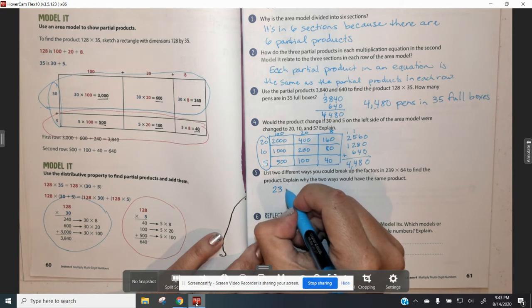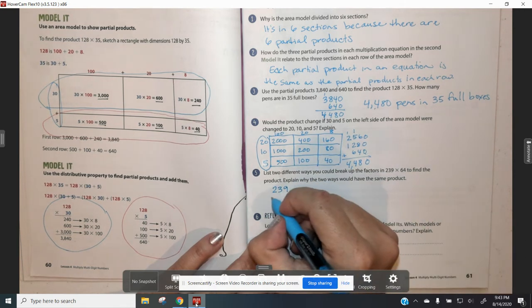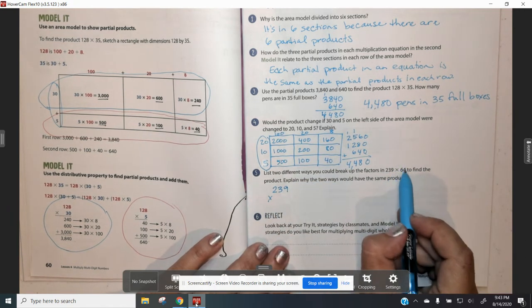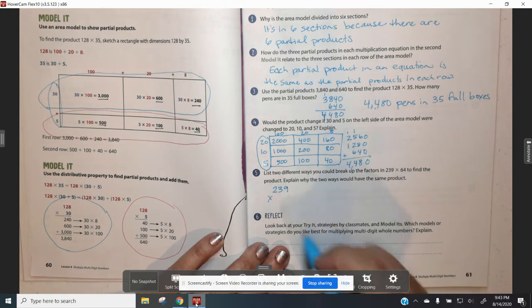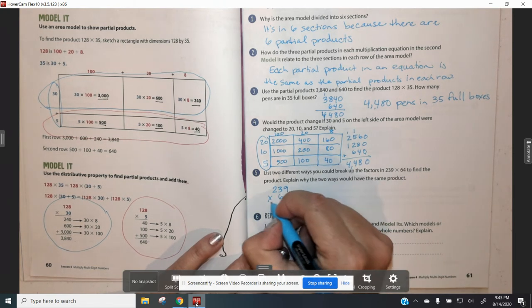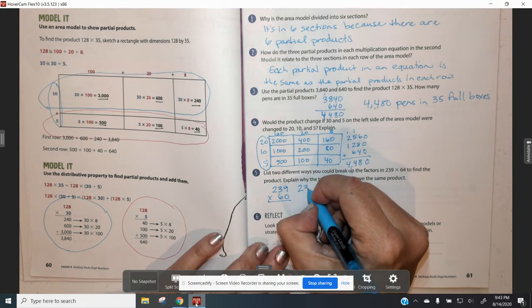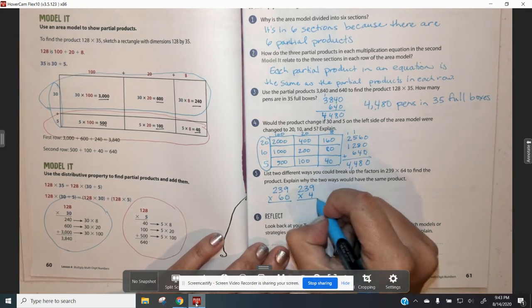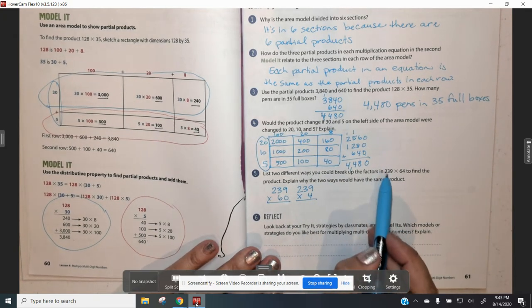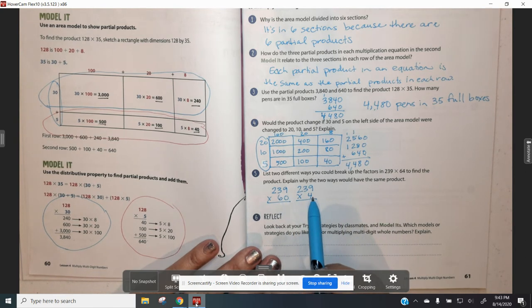So 239 times, and then we're going to break up 64. We're going to make it as 60 and 4. So 239 times 60, and then 239 times 4. Because this number is staying the same, and we're just breaking up the 64.